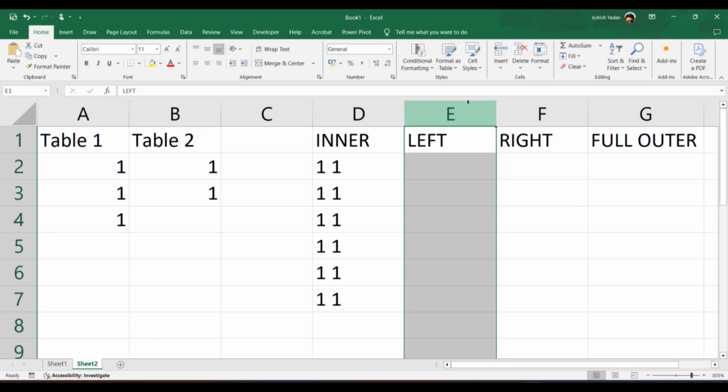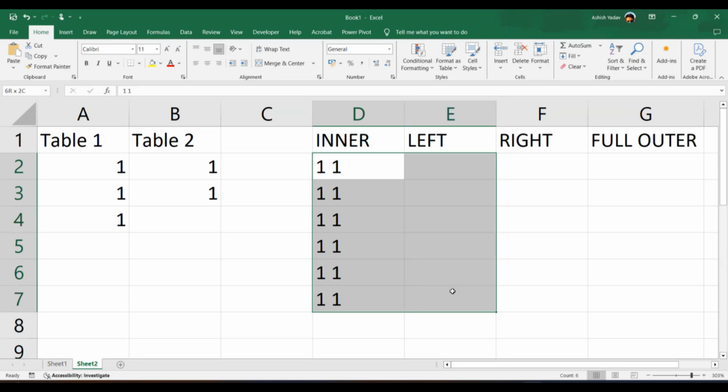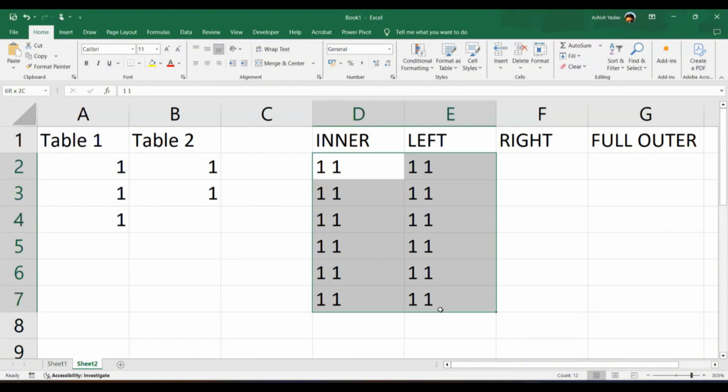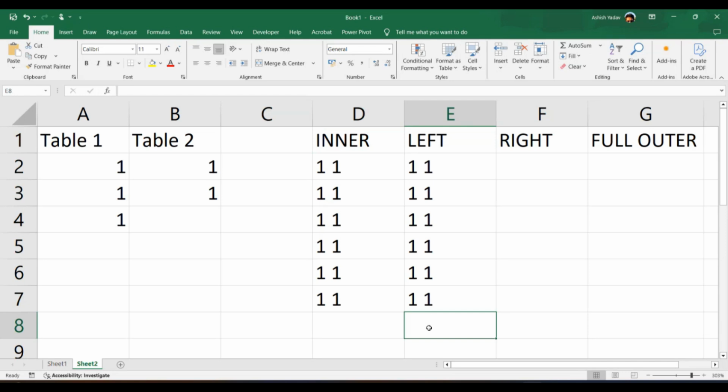What are the things which were not matched from your left table? But first thing is, whatever is your inner join, the left join also will have that. Plus something else also will come. It can come, it might not even come, right? But at least whatever is your inner join, left join also will have that. Plus, what is the thing which was not matched from the left side?